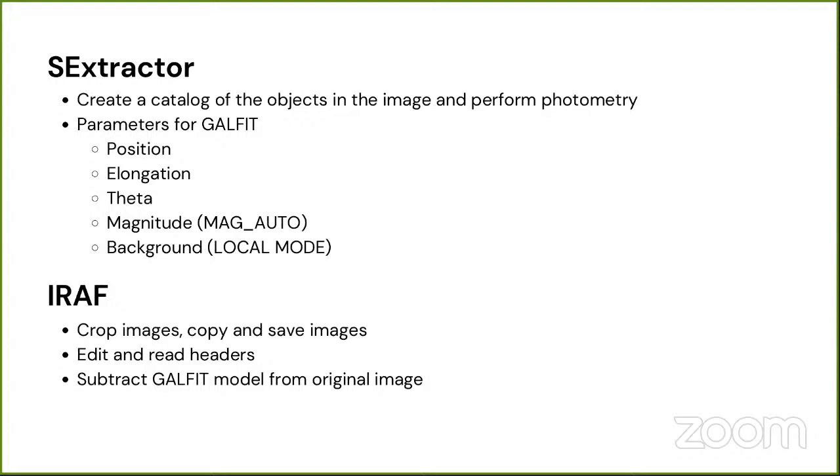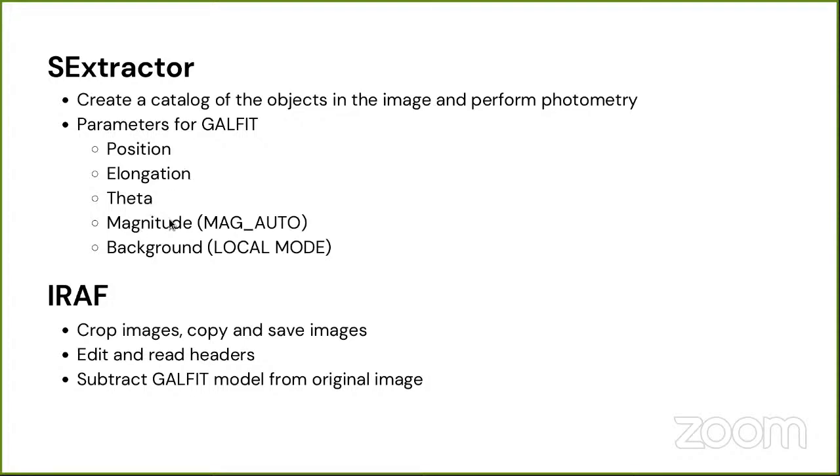And for galaxies, it tells you also the length of the major and the minor axis, the position angle of the galaxy, it's this theta. The elongation is the ratio between the major and minor axis.